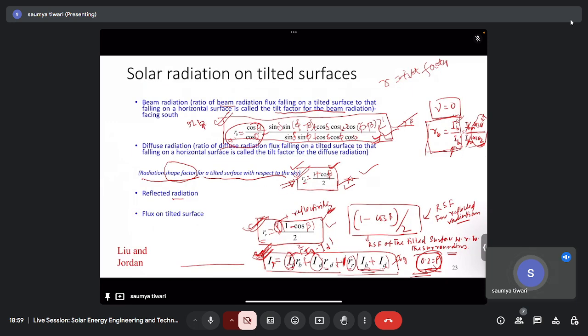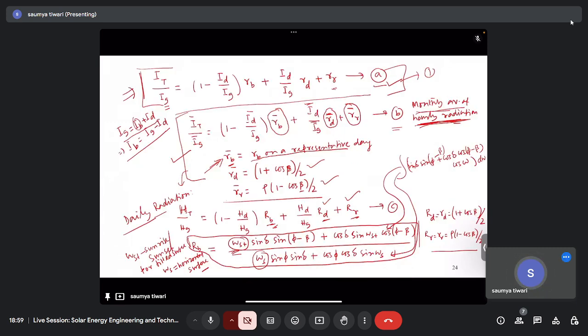We can shuffle it all, and the formula we get is this: for IT bar, the monthly average of hourly radiation on the tilted surface, upon the monthly average global hourly radiation, will be equal to 1 minus ID bar upon IG bar into RB bar, plus ID bar upon IG bar into RD bar, plus RR bar.